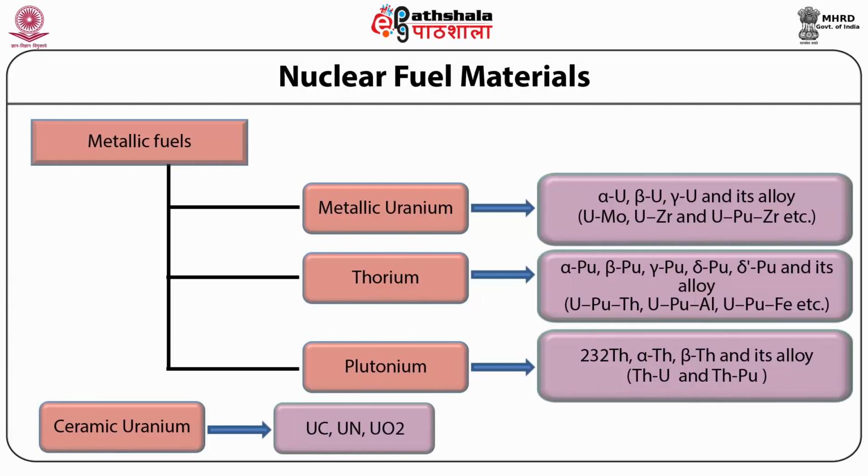However, the water-cooled reactors avoid the use of metallic fuels because of the compatibility issues between water and metallic fuel, as at higher temperatures, the metal fuels could form metal hydrides or oxides.